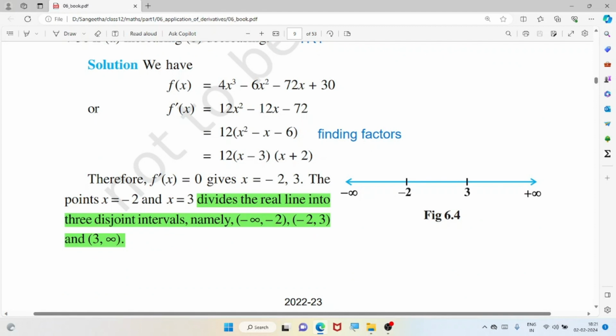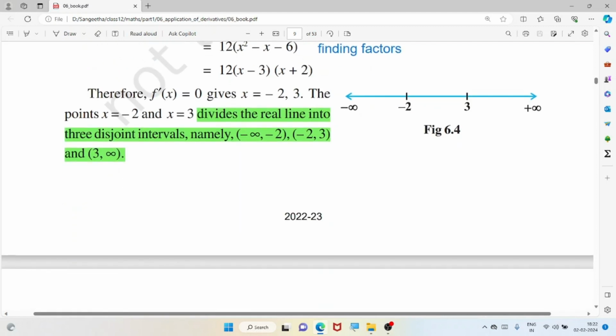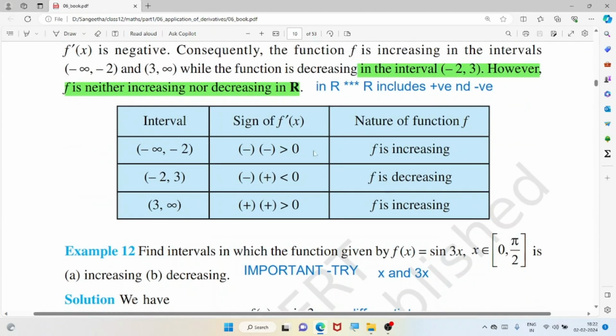See, at what values of x is f dash of x 0? In your previous classes you should know this factorization. Then accordingly you divide the interval, and in each interval, excluding the endpoints, find the sign of the derivative. So f is increasing in this interval, and they are asking about this interval.